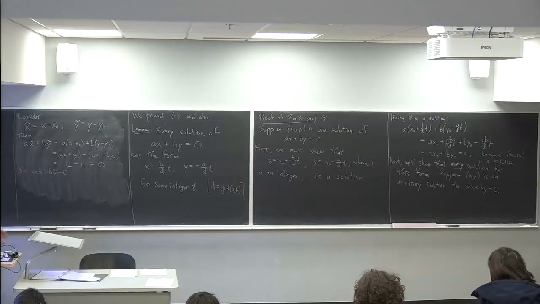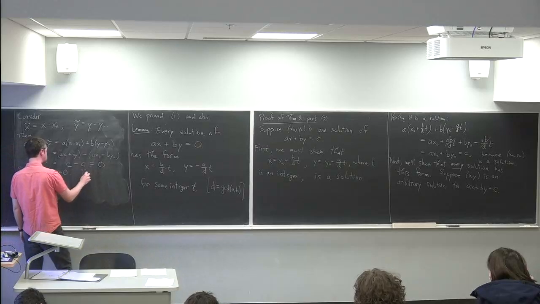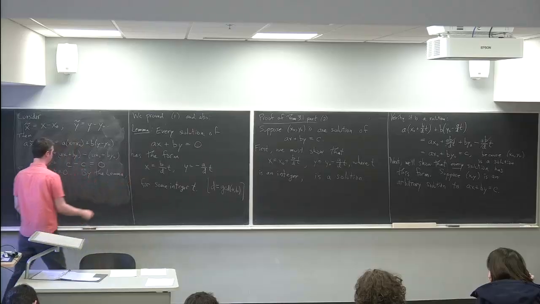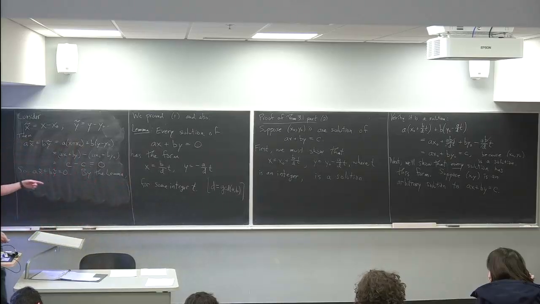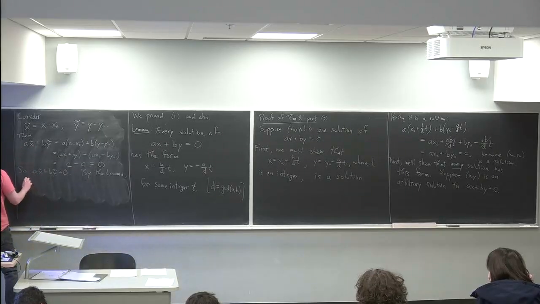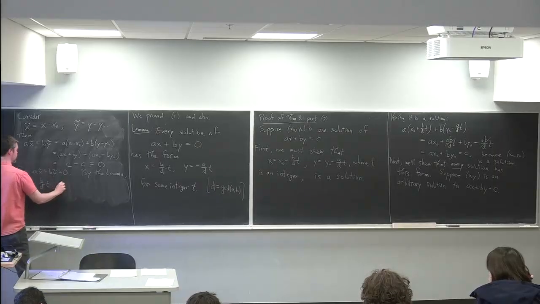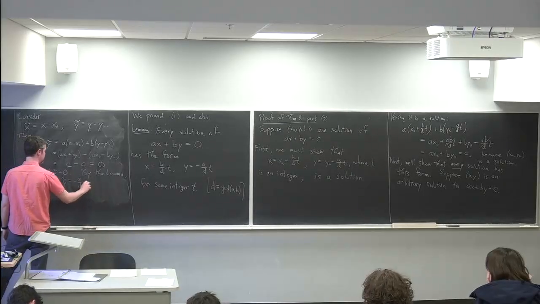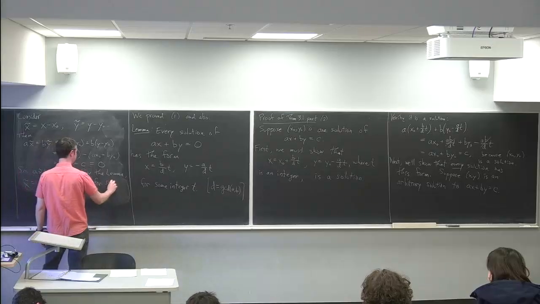And so now you can hit it with the lemma and say by this lemma right over here, if you have such a thing, then the solution has to have this very specific form for some integer t. So what happens is that x tilde is b over d t, and y tilde is minus a over d t for some integer t.